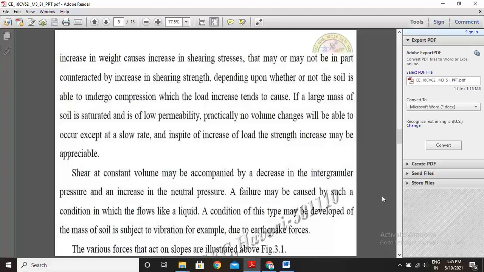A failure may be caused by such a condition, in which the soil flows like a liquid. A condition of this type may develop if the mass of soil is subject to vibration, for example due to earthquake forces. The various forces that act on slopes are illustrated above in figure 3.1 in detail.